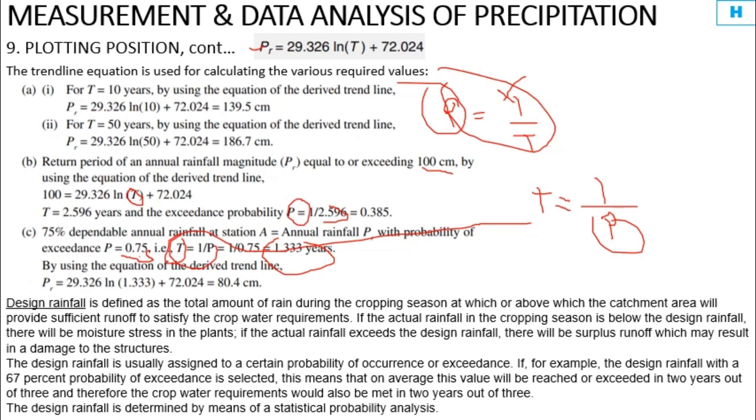Then, substitute mo yung period na yun, yung T dito sa equation natin. Then you will get yung corresponding precipitation depth for that period na 1.33 years. So you get yung precipitation depth na 80.4 centimeters.